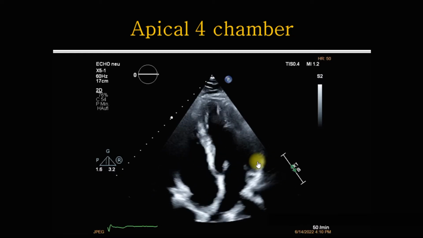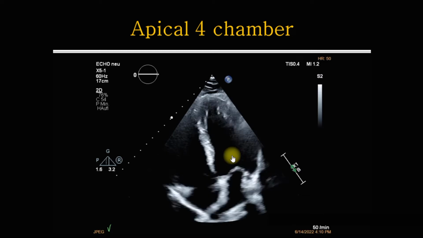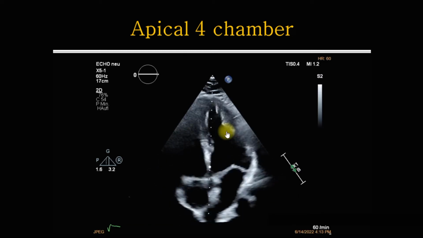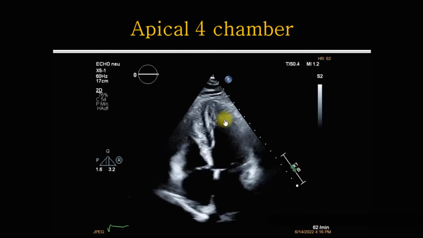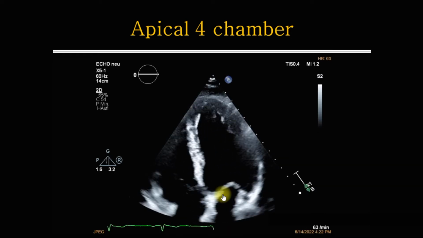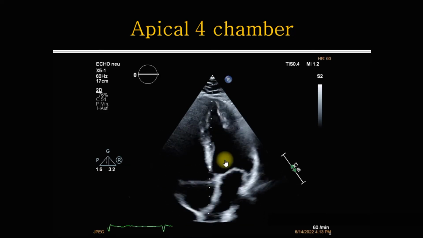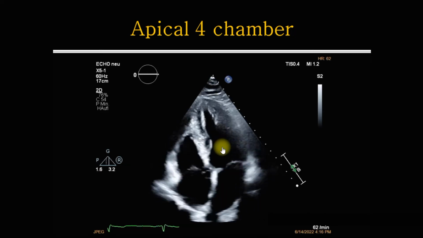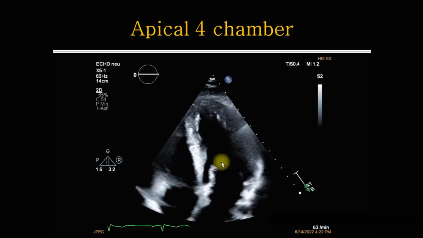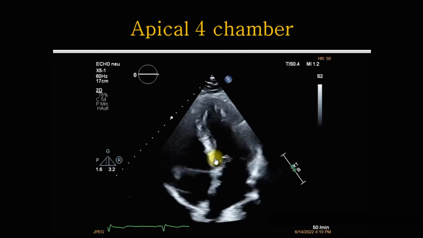We have to notice in the apical 4-chamber view, the ventricles are normally longer than the atria. In other words, the atria are smaller than the ventricles. When you see that the atria are bigger than the ventricles, it's abnormal.